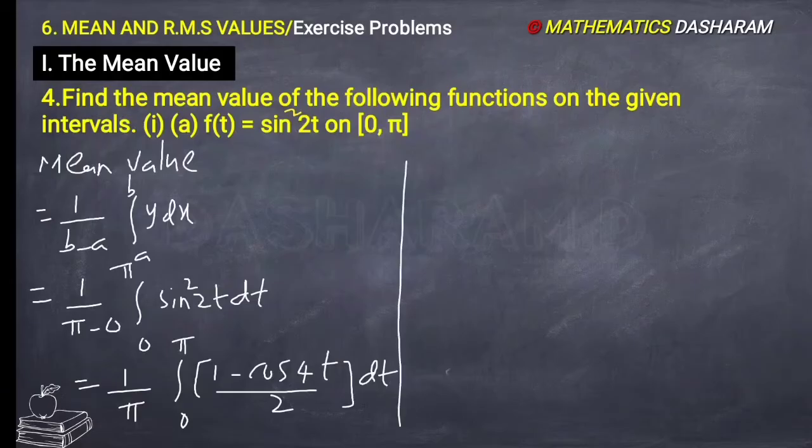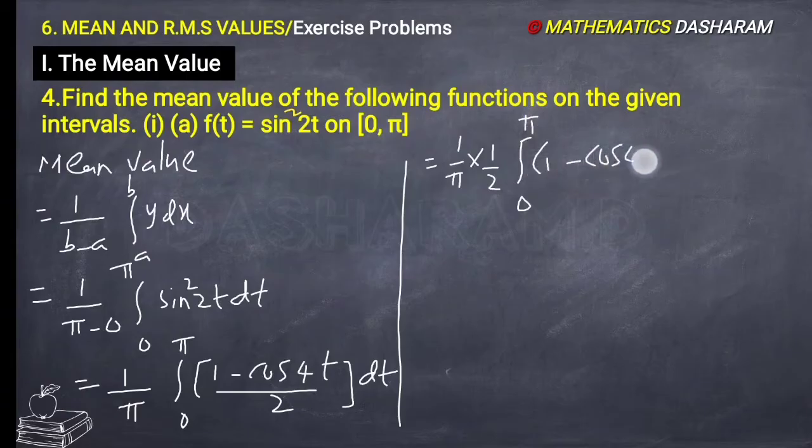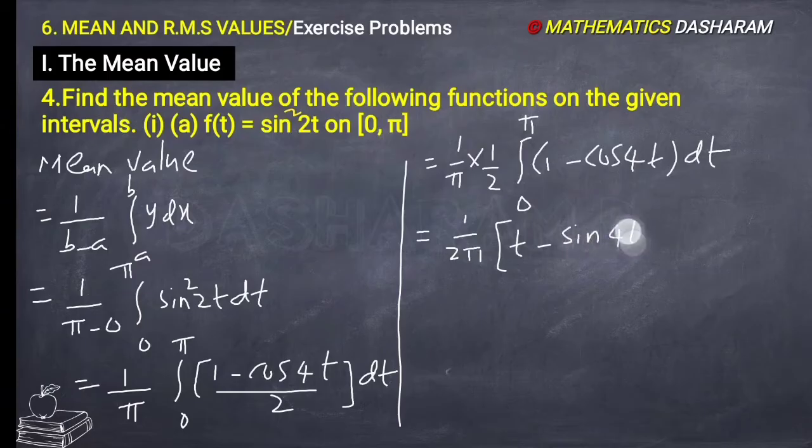So it is equal to 1 by pi. Integrate here, 1 by 2 is a constant, so write it aside, integration 0 to pi of (1 minus cos 4t) whole dt. So 1 by 2 pi, integration of 1 is t, and integration of cos 4t is sin 4t divided by 4, and the limits are 0 to pi.